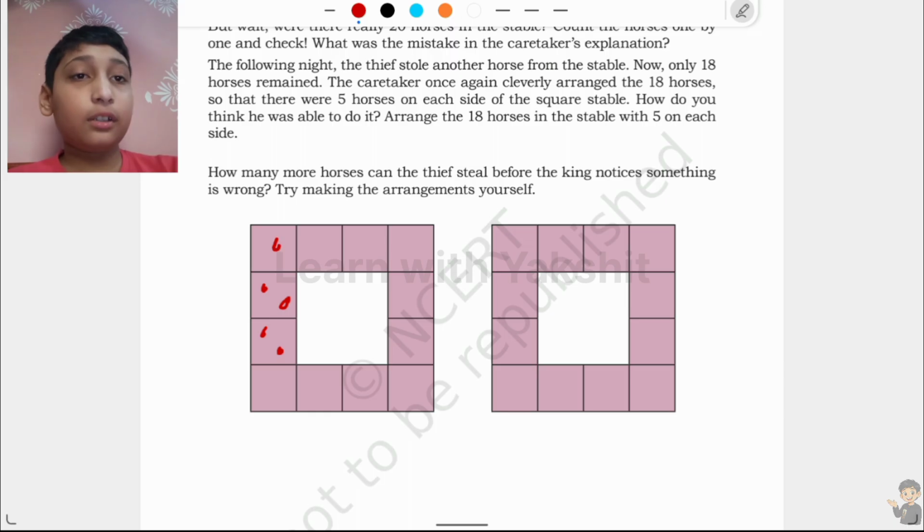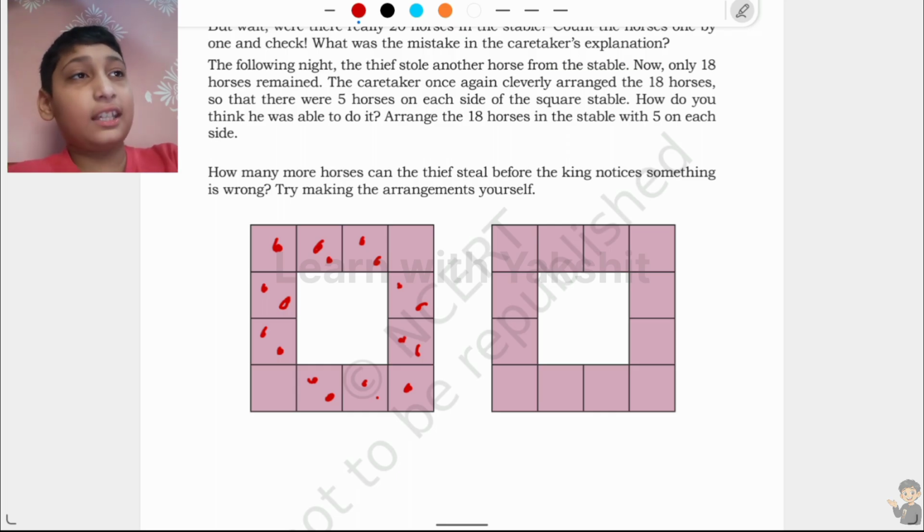Now we are going to place 1 here, and then let's make 2 here again. Let's count. There's 8, 9. There's 9 horses we just placed. And then 10, 11, 12, 13, 14, 15, 16, 17, 18. There's 18 horses.